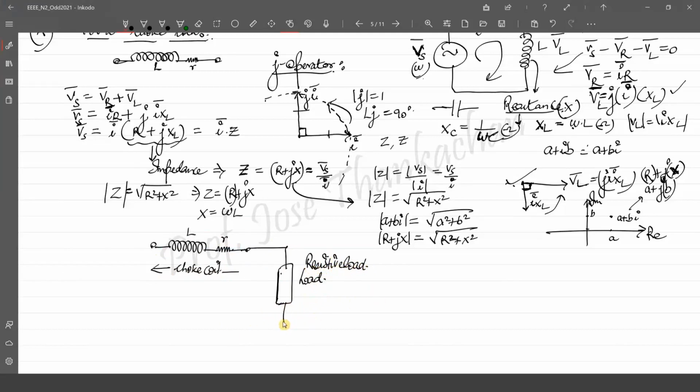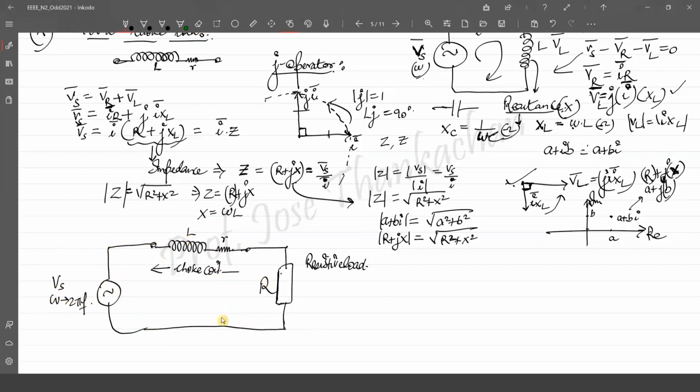Let's say the resistance of this particular load is capital R, a resistive load. Now to this combination of choke coil and resistor, we are providing a sinusoidal voltage Vs at a frequency f, or you can say at a frequency of omega, where omega is nothing but 2 pi f.